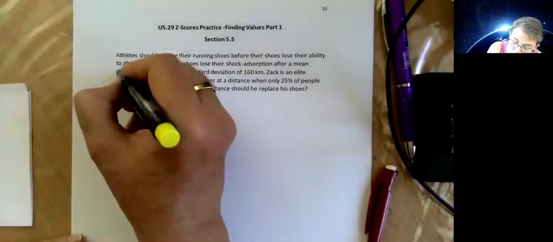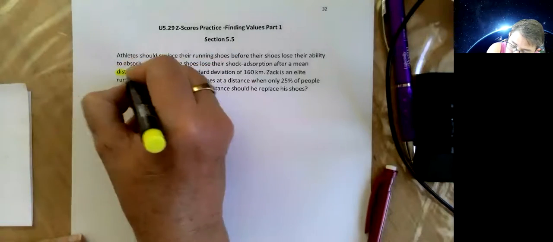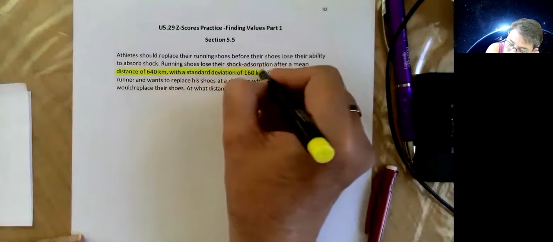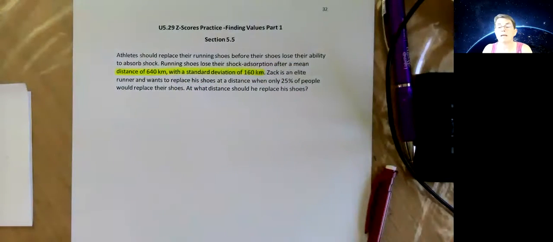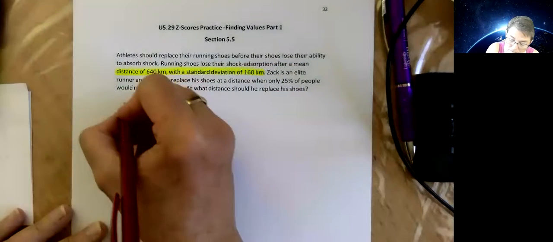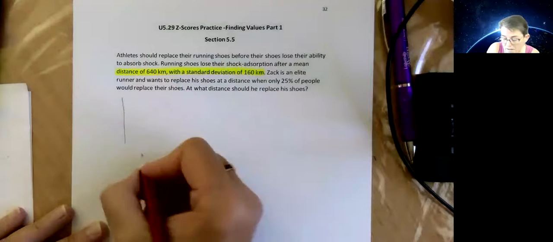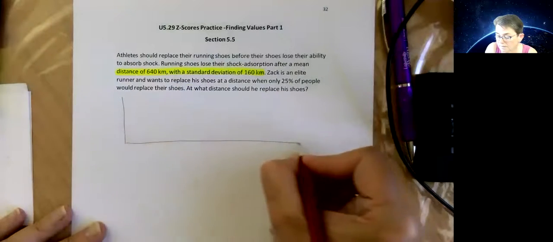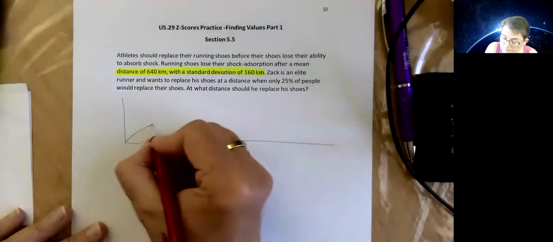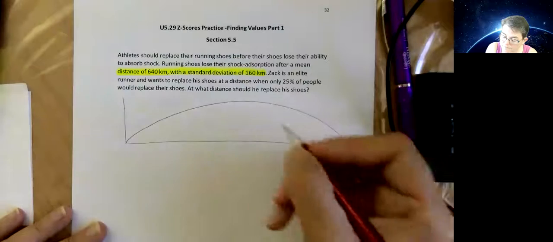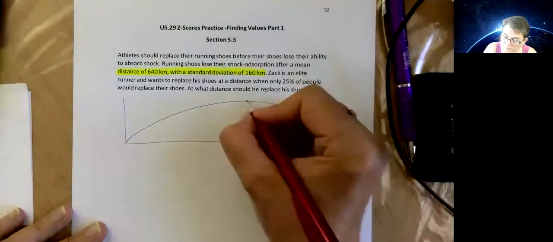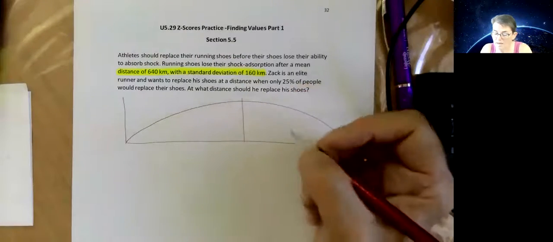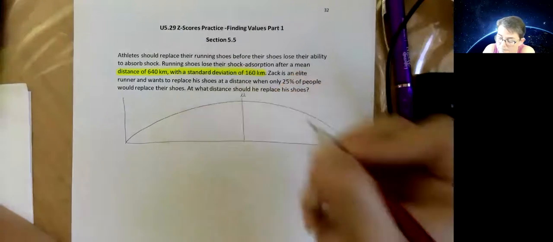I don't know, but I do know that much. And that much tells me I need to draw a graph. I need to draw a normal distribution curve. There is my mu.